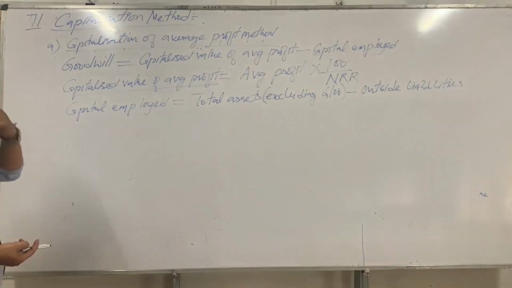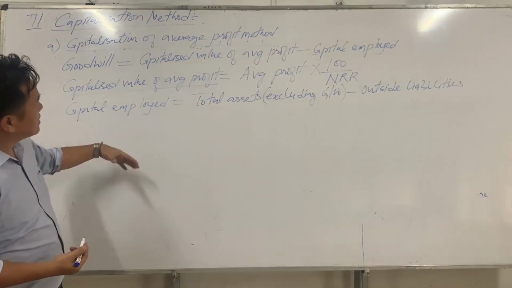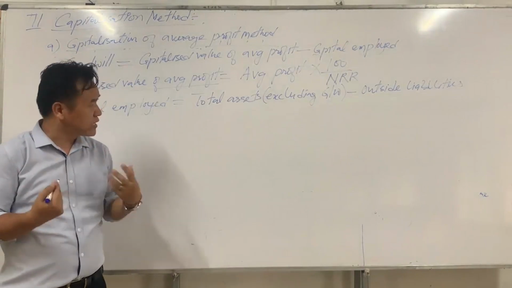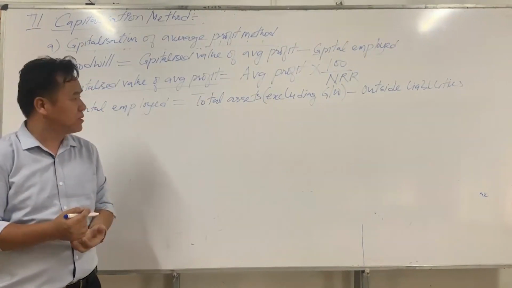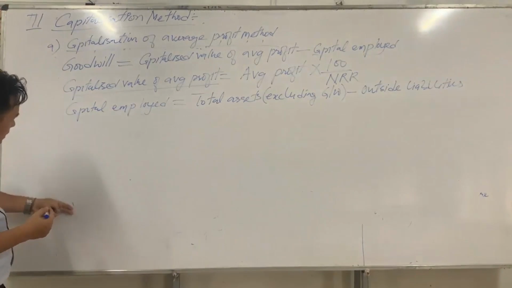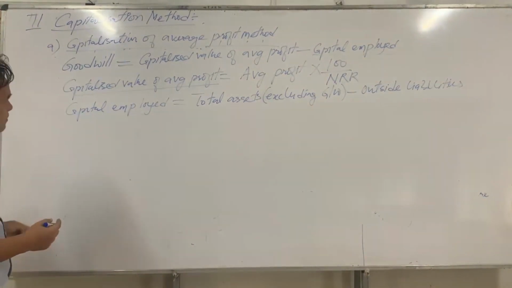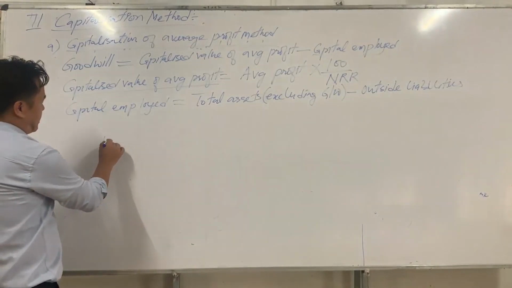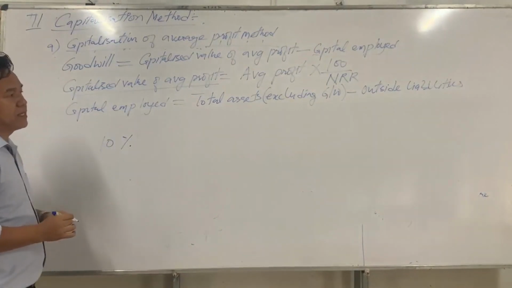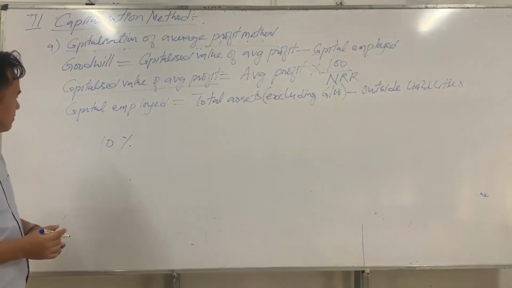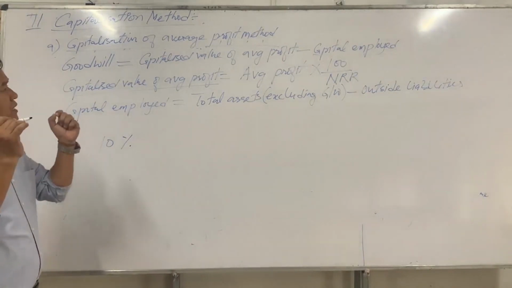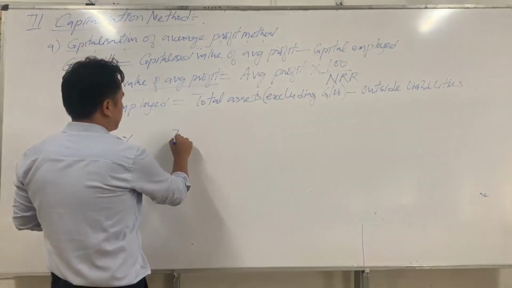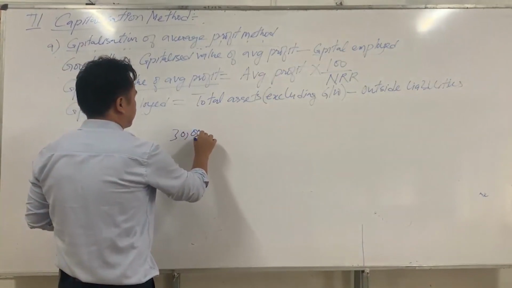Okay. Now, in order to understand the above concept, I'm going to explain with a very simple example. Suppose, say, the normal rate of return is 10% in the market and the capital invested by the firm, our firm, is 30 lakh.